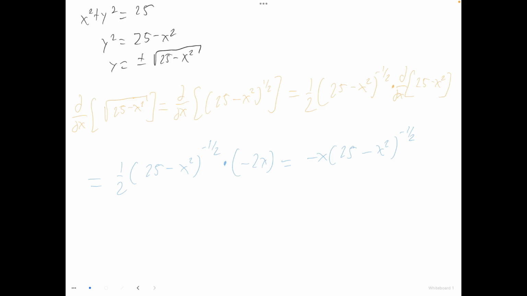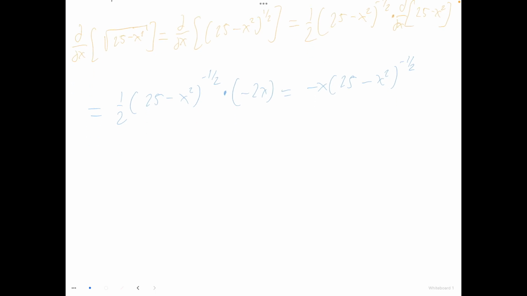So now we care about the point 3, 4. So the slope at 3, 4, we're just going to plug 3 in for x. So we're going to have m equals negative 3 times 25 minus 3 squared raised to the minus 1/2.